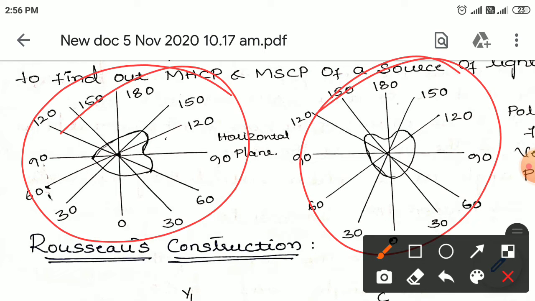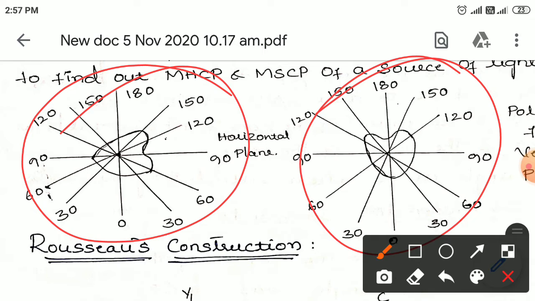The mean horizontal candle power of a lamp can be found from the horizontal polar curve by determining the mean values of candle powers in horizontal directions, right? The mean spherical candle power and the mean hemispherical candle power can be found from the vertical polar curve.